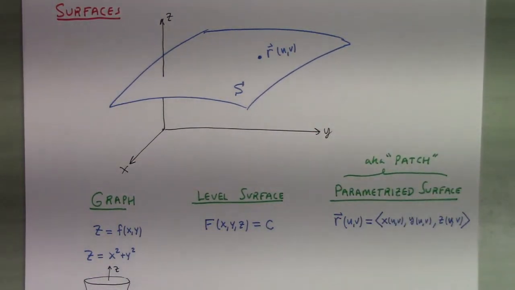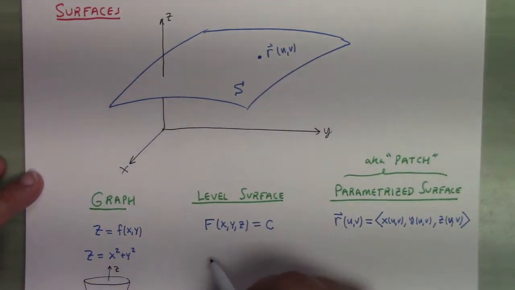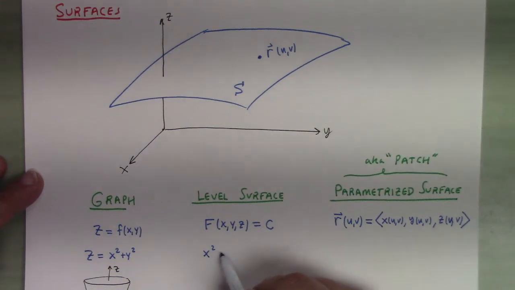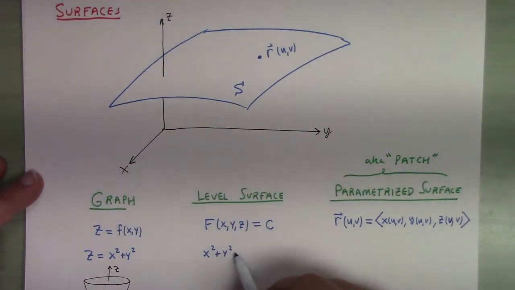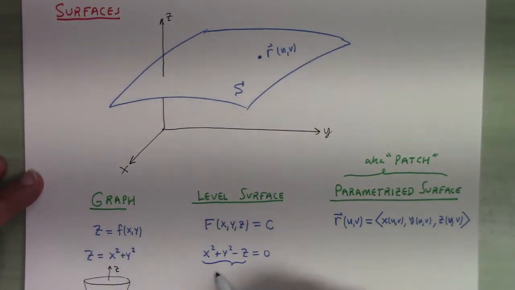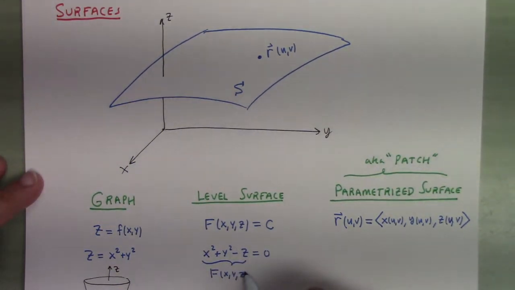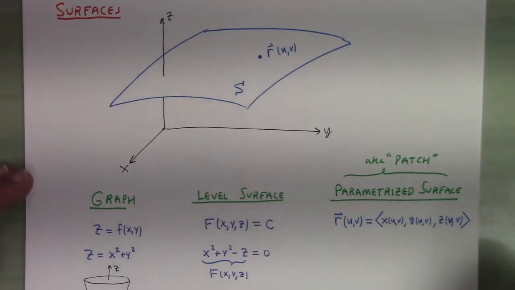So that's its graph. For the level surface, you can take the graph and make it into a level surface. It's very silly, but here it is: x squared plus y squared minus z equals 0. There's your level function. So there's an obvious and almost silly way to get between the graphical view and the level surface view.